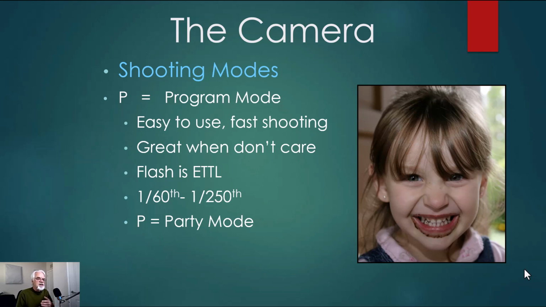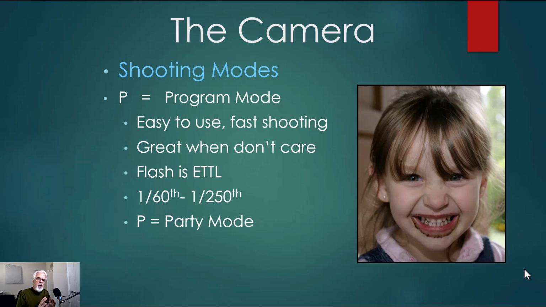It's program mode. It's meant for fast photography without too much creative tools or creative techniques applied to capturing your photograph. Now, with that said, they've added features that allow you to change the range of shutter speeds in program mode.